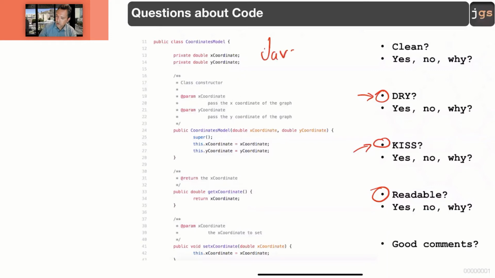Something that I want you to notice here is that the comments we're showing are Javadoc. And Javadoc are a very special, very particular kind of comments. Question: what is the goal of the Javadoc comments? Yes, they are comments, but they are Javadoc comments.